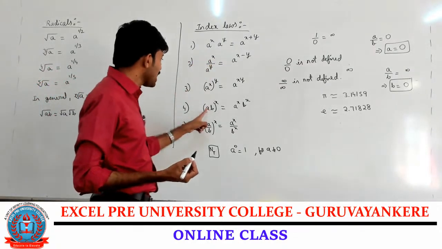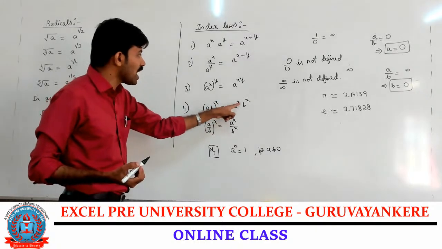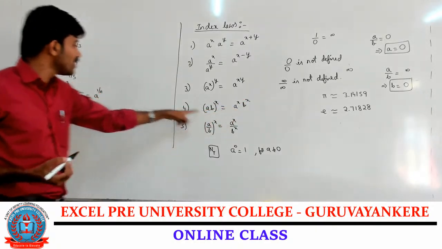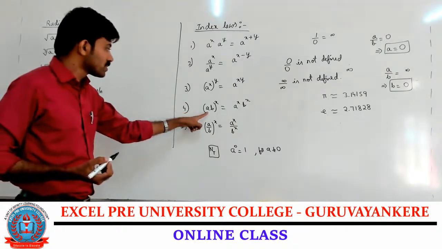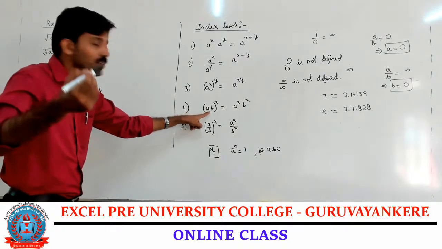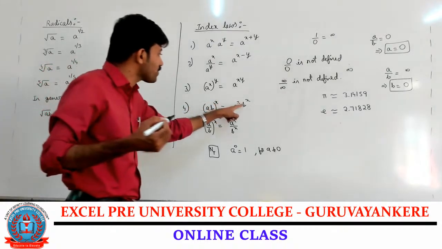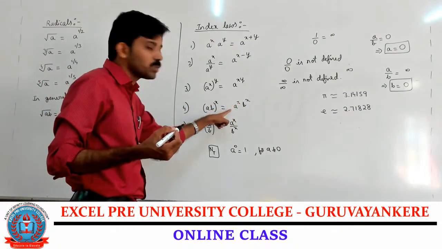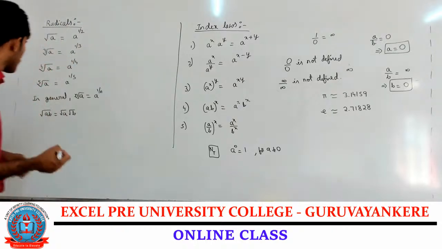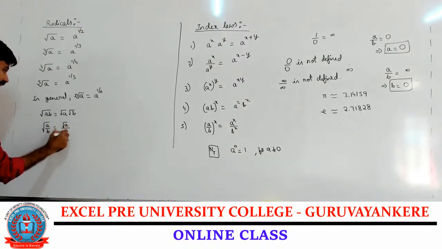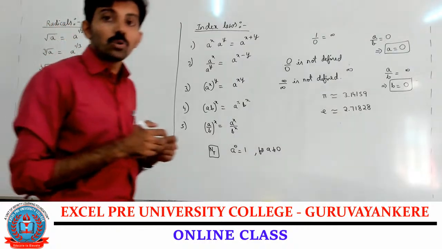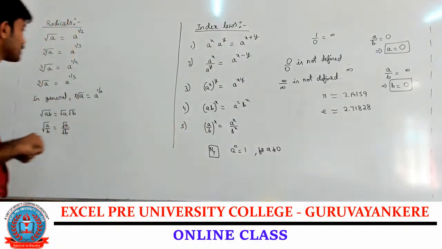Using the law, ab power half is a power half into b power half, where a power half is root a and b power half is root b. Also, root of a by b is root a divided by root b.